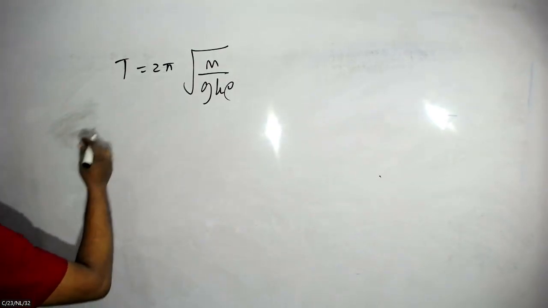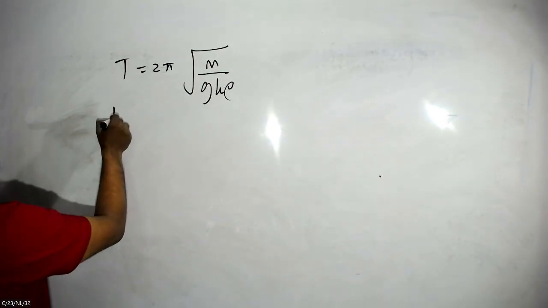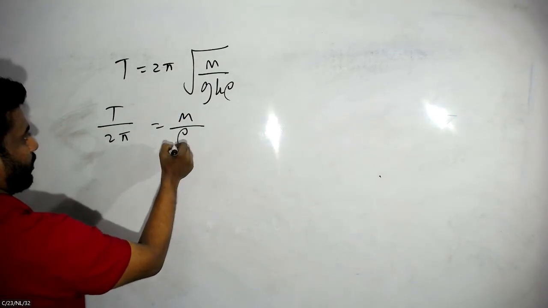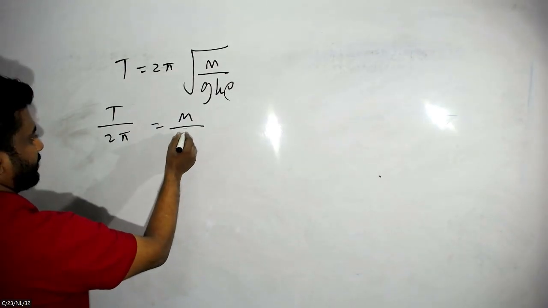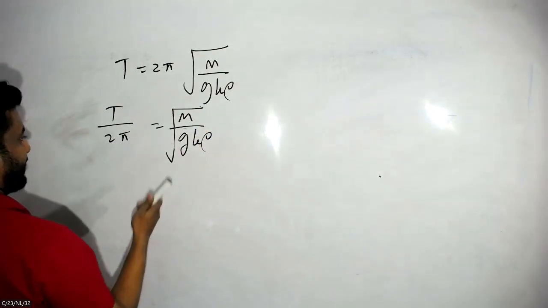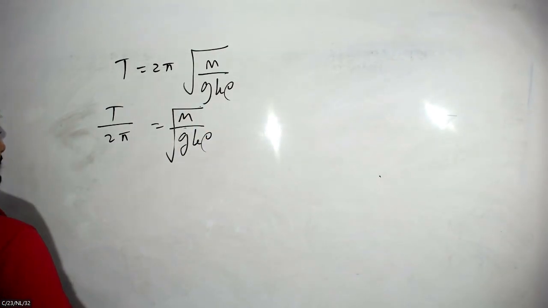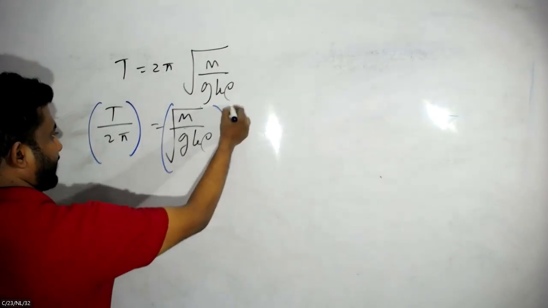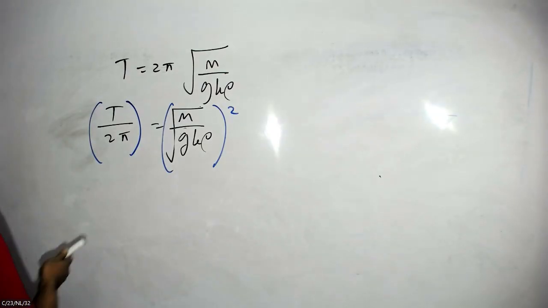Okay, first you have to make K the subject now. T equals 2π square root of M over gKρ. Then you have to consider the square value, right? Square both sides. We need to remove this square root, right?